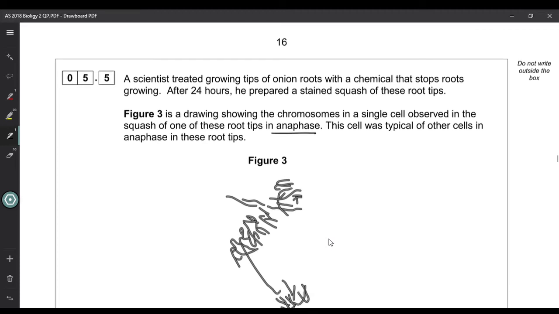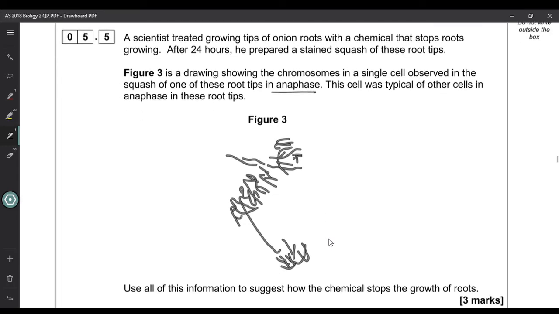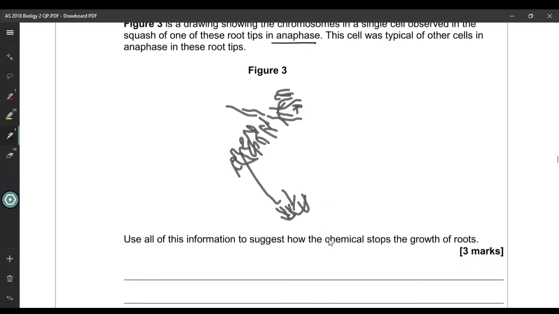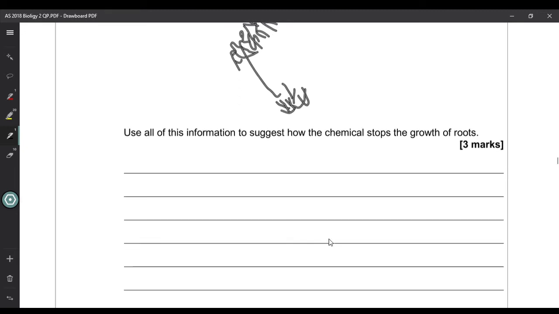So what's happened is we can see that we've got sister chromatids, but they've not been separated during anaphase. The anaphase has been stopped, and the reason that they have not been separated is because the spindle fibers haven't been formed.